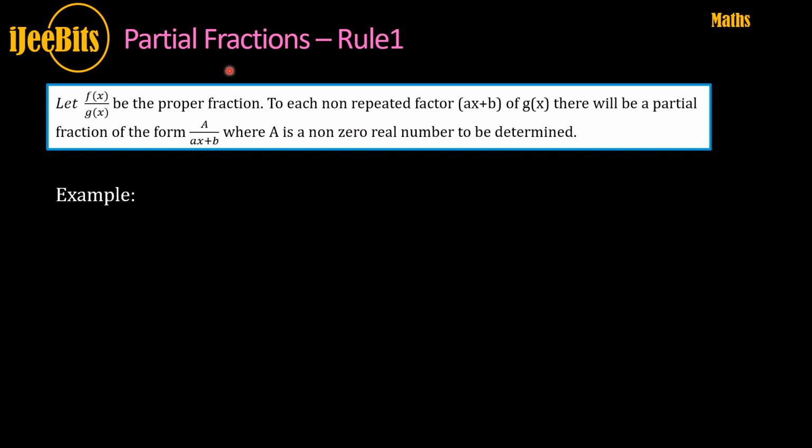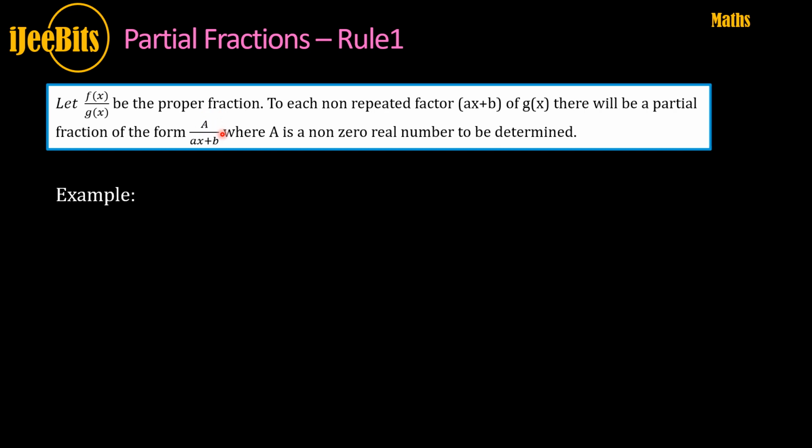Rule number 1 of partial fraction. Let f of x by g of x be the proper fraction. In that case, to each non-repeated factor of g of x, if you factorize one of the non-repeated factors like ax plus b, there will be a partial fraction in the form A by ax plus b, where A is a non-zero real number to be determined.